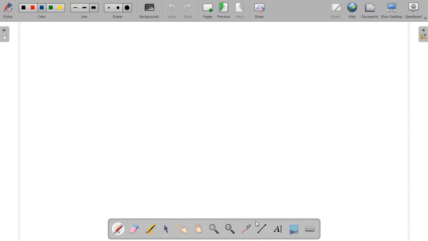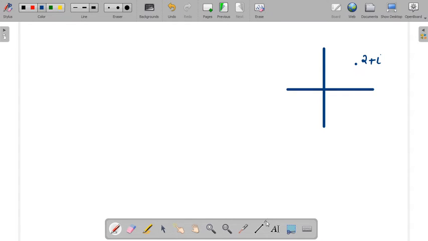So we take 2 points, 0 and here we have 2 plus I. C1 is this part, the straight line from 0 to 2 plus I. This is our first path.